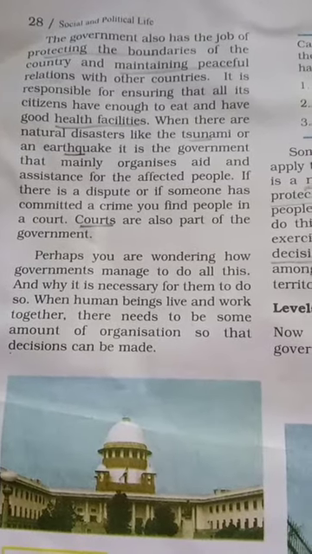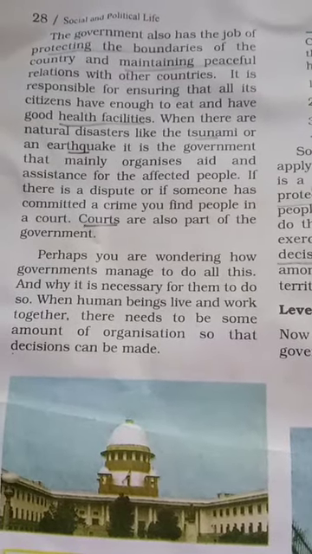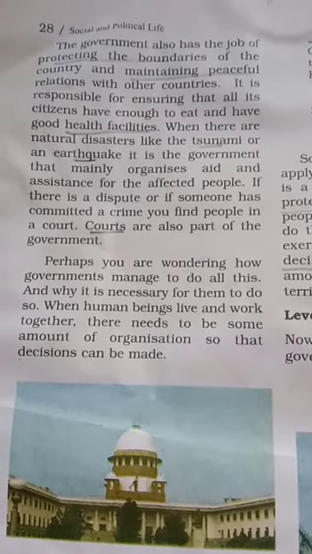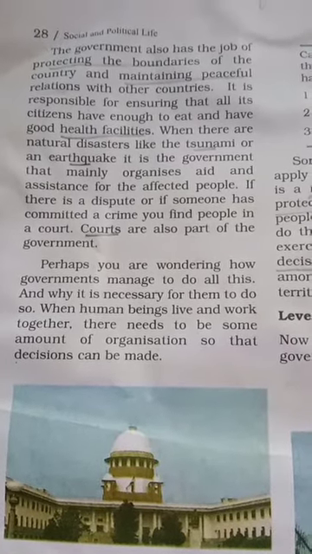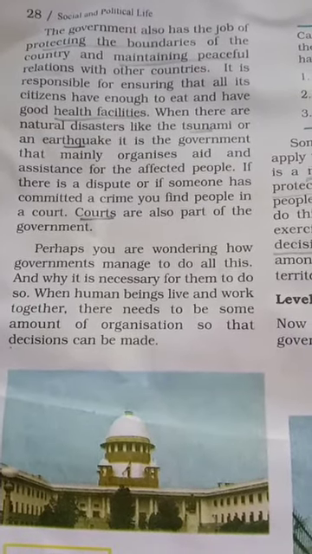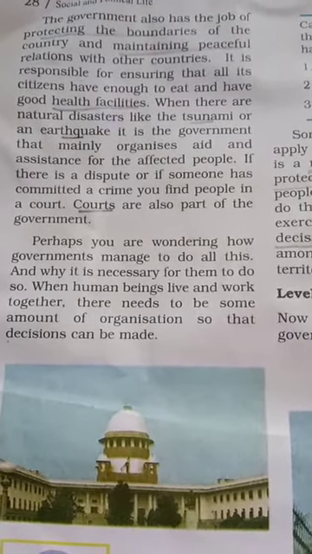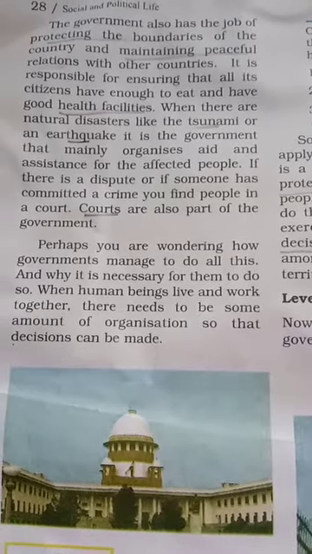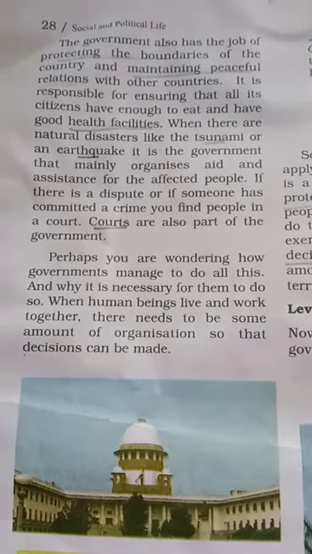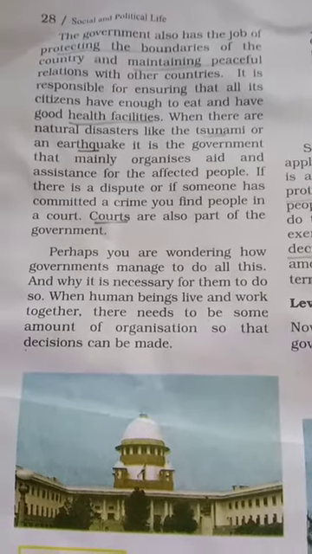These are also the duties of the government. When there are natural disasters like a tsunami or earthquake, natural calamities, it is the government that mainly organizes aid and assistance for the affected people. So during natural calamities, it is the duty of the government to help the people.